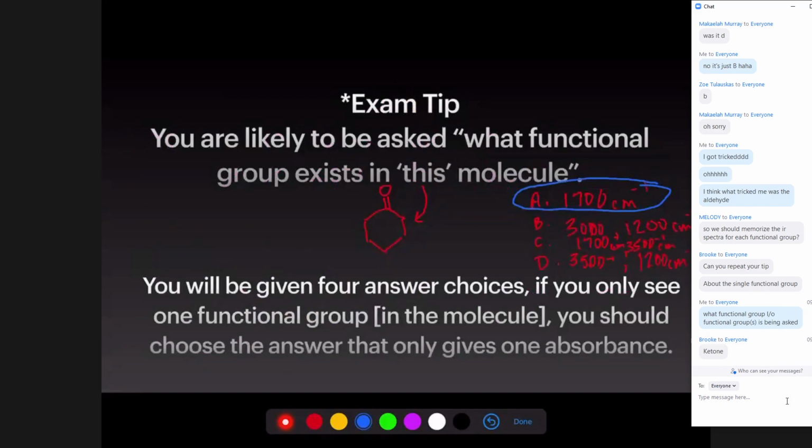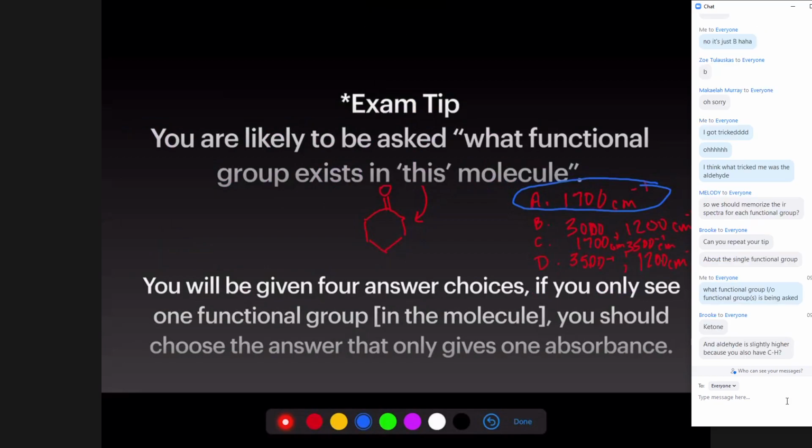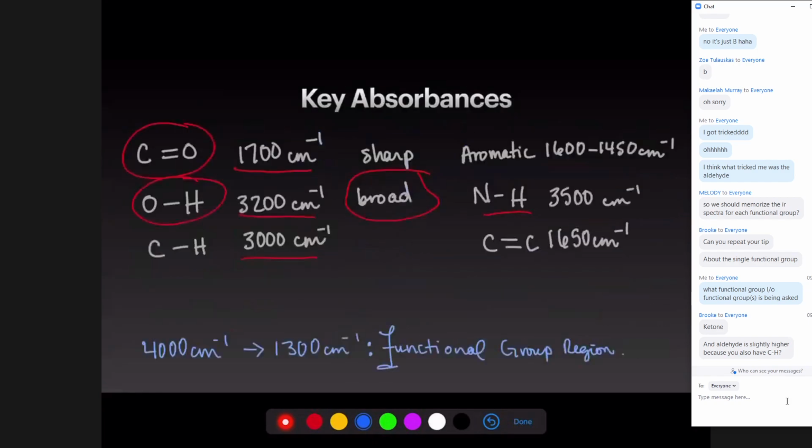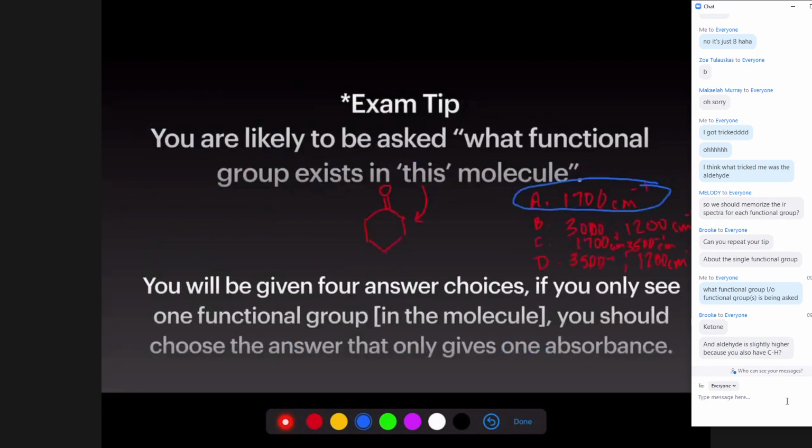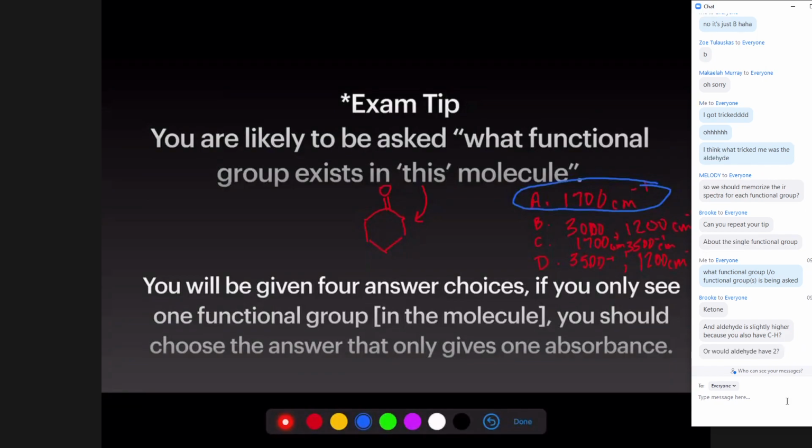So basically the exam tip was, if you know that your molecule has one functional group and one key absorbance, then that's the obvious answer. Does that make sense? If you only see one functional group in the molecule, you should choose the answer that only gives one absorbance.